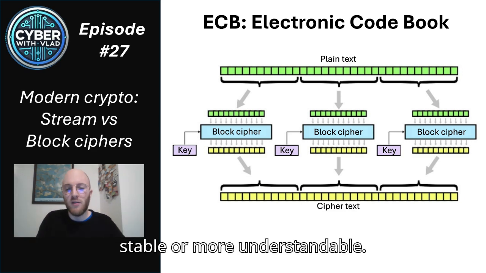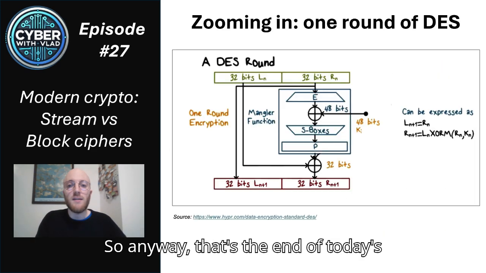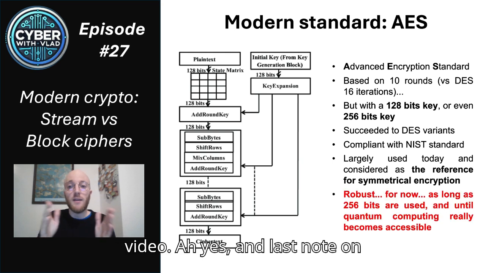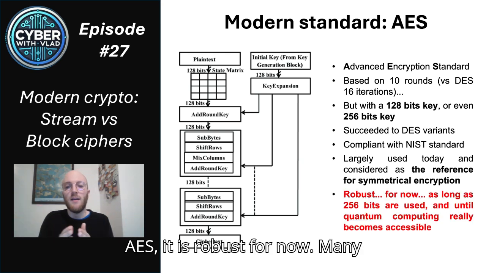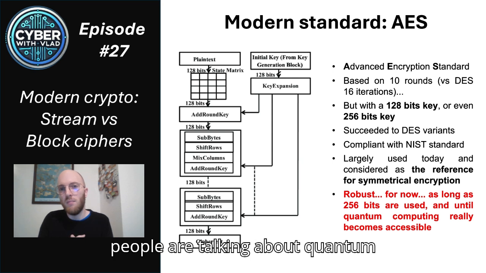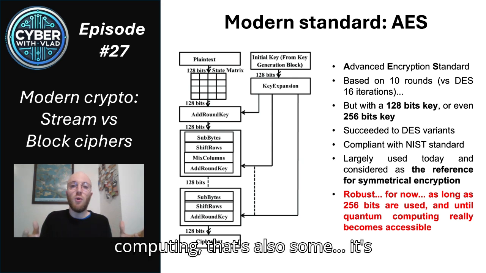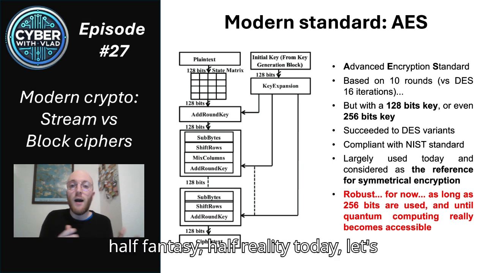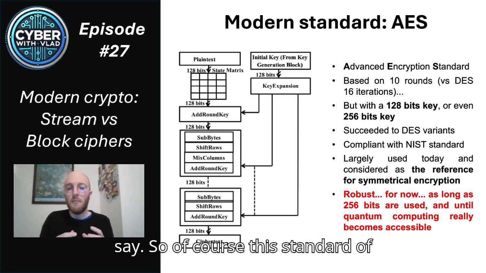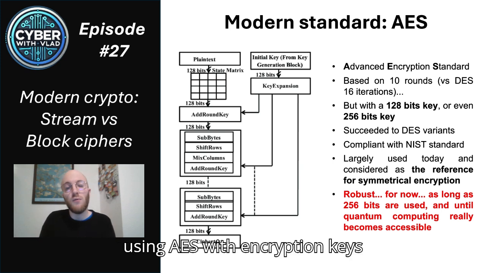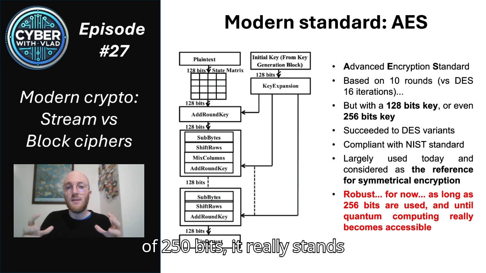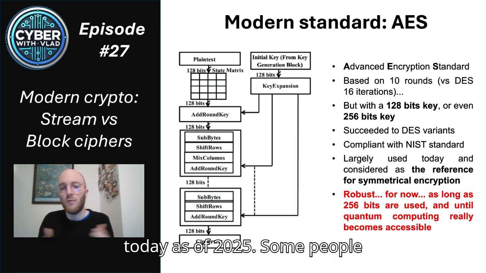So anyway, that's the end of today's video. Yes, and last note on AES, it is robust for now. Many people are talking about quantum computing. That's also half fantasy, half reality today, let's say. So of course, this standard of using AES with encryption keys of 256 bits really stands today as of 2025.